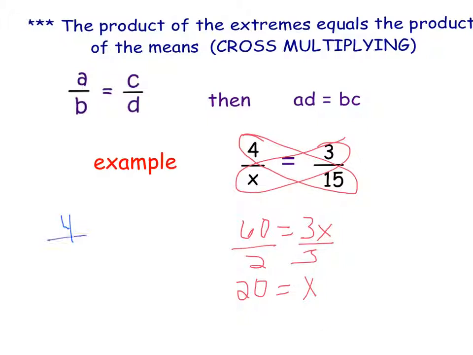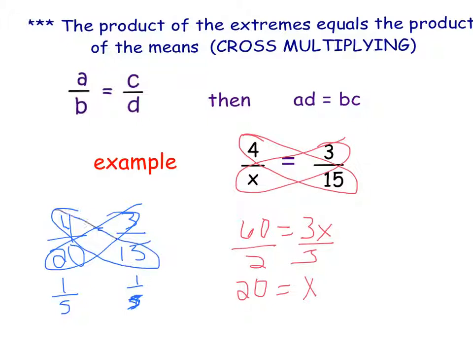So 4 is to 20 as 3 is to 15. And if it works, then it can be reduced. And we know 3/15 is 1/5, and 4/20 is 1/5. Or we can multiply. This equals 60, and this equals 60.